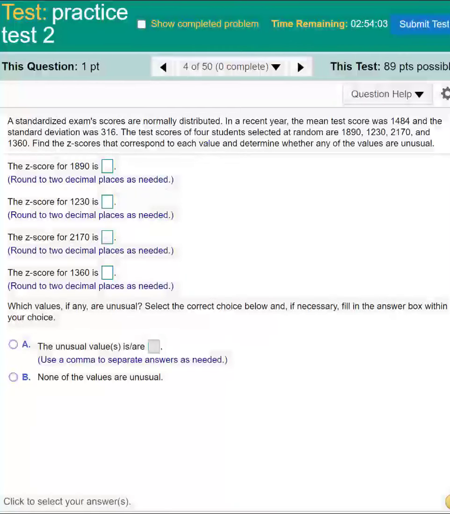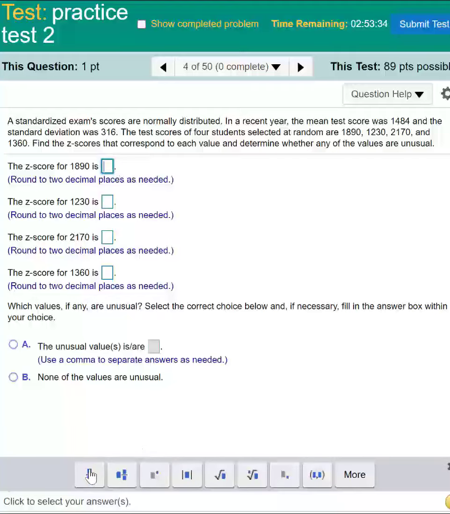The standardized exam scores are normally distributed. In a recent year, the mean test score was 1484 and the standard deviation was 318. The test scores for 4 students selected at random are 1890, 1230, 2170, and 1360. Change them to z-scores. So what's the formula for the z-score? Here's how we do it.